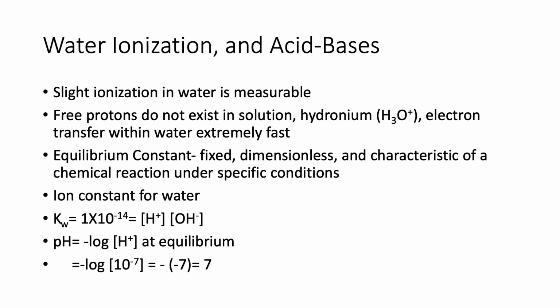If you take the log of these numbers, you equilibrate hydrogen, proton, and hydroxyl ion at equilibrium, those numbers are going to be equivalent, and minus the log of the concentration, which is 10 to the minus 7, becomes 7 as a positive integer. So this is the way we calculate pH.